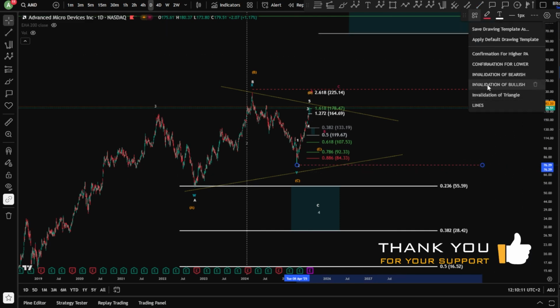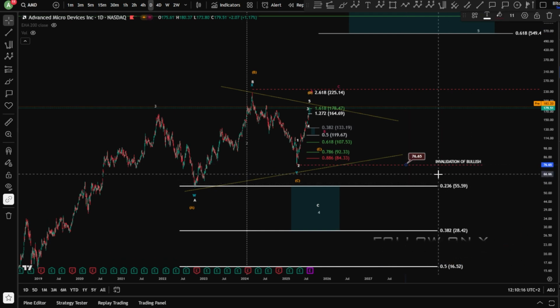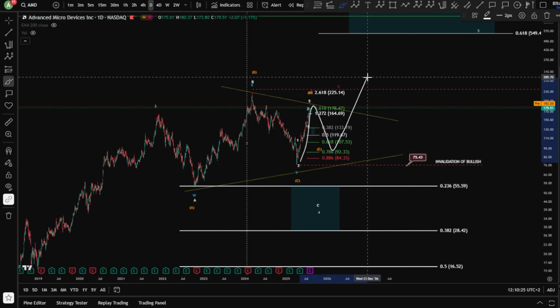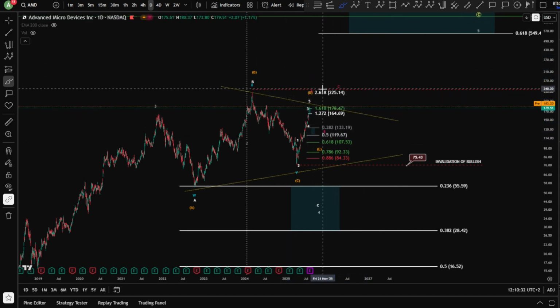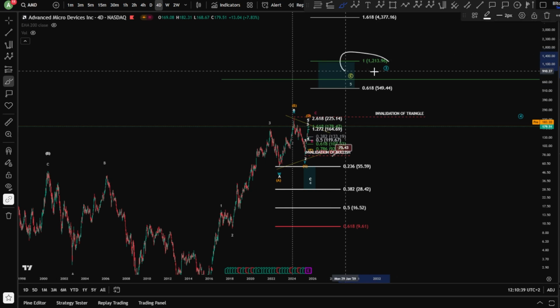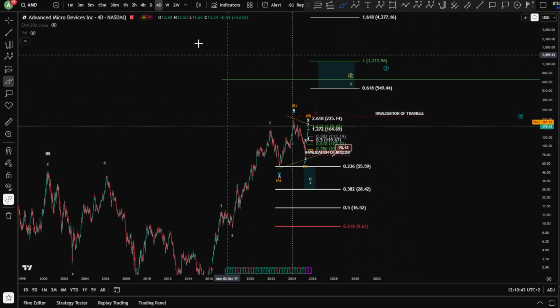So invalidation of bullish by taking this price as $76, I would say 0.5. Let's say around the $76 can be an invalidation for this scenario. The target for higher prices, whether you break this invalidation from the top and the trend line, is confirmation for the next blue box, which is between the 0.618 and the 1-to-1 fib level for 1,200 and 550.